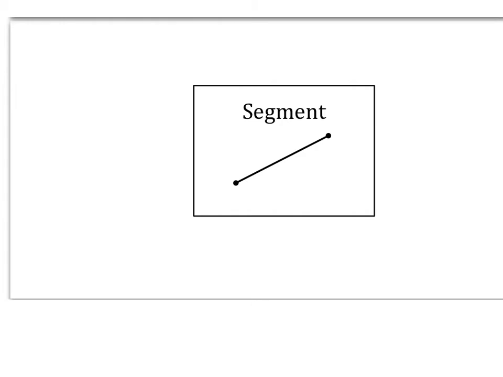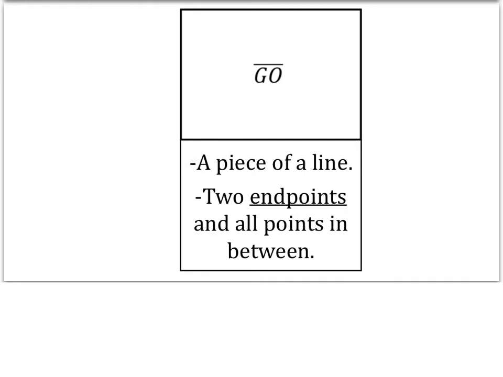A segment. So let's again call this point G and this point O, and a segment is a piece of a line. So our segment GO is a piece of a line. It has 2 endpoints and no points in between. There's a big difference between a line and a segment.